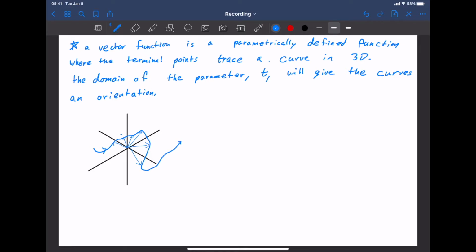And again, what we'll have here is an orientation. It will flow just like a particle moving through space. That's why a lot of this calculus was initially developed, to help describe the motion of planets and other physical bodies.